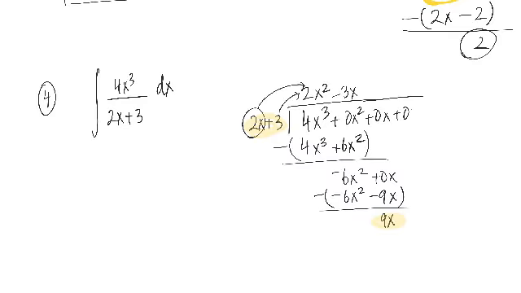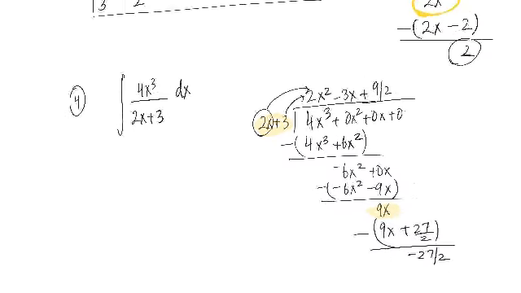And I want to keep going till the remainder is lesser degree than the divisor. So I'll say plus 9 halves. 9 divided by 2, or 9x divided by 2x. And then I get here 9x plus 27 halves. And so now my remainder is negative 27 halves.